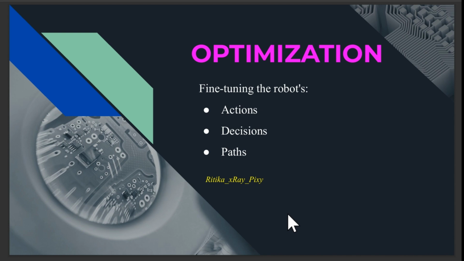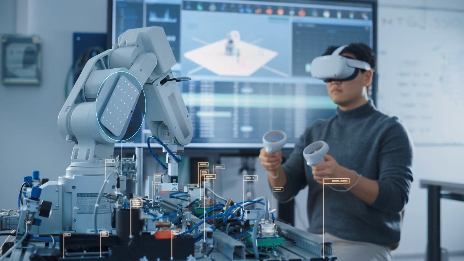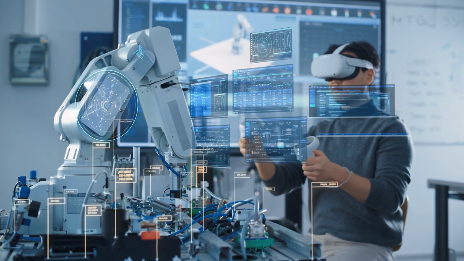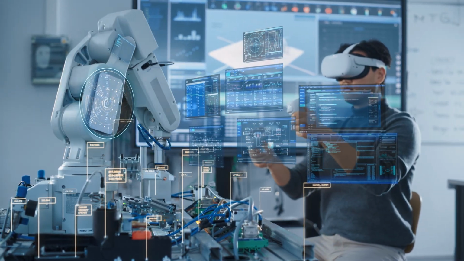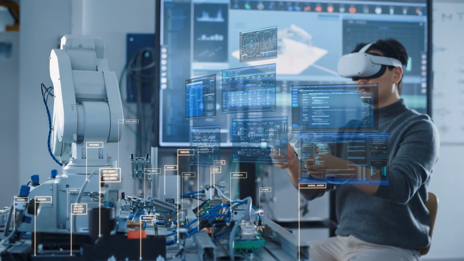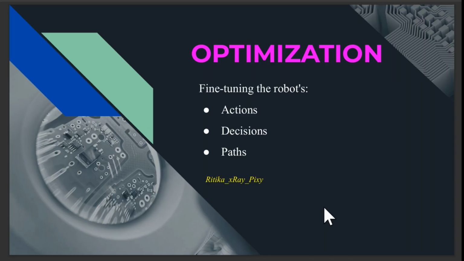This helps the robot to be more effective in its task like moving, picking up objects, or making decisions. In simple words, optimizing a robot's performance is like teaching it to be smarter and more efficient in its work. So it can get the job done better and faster.